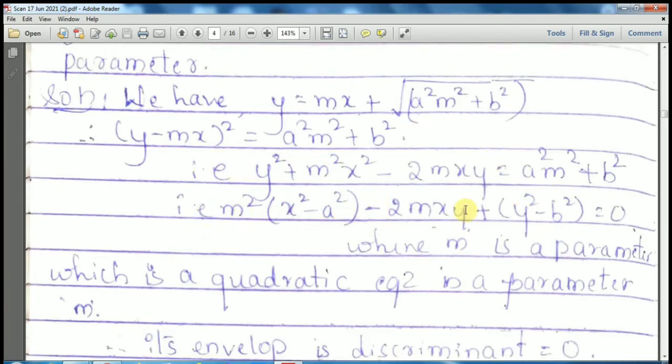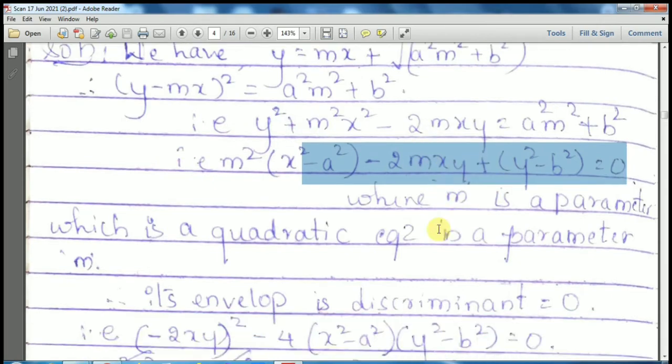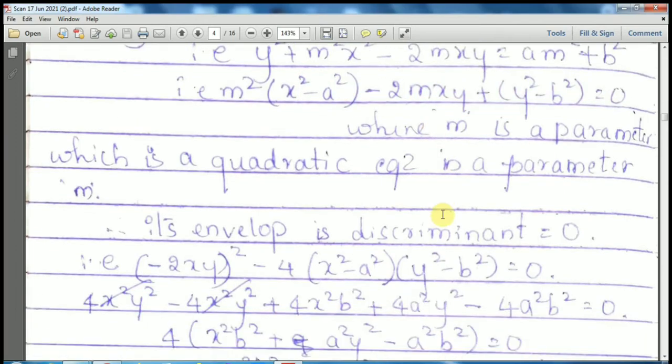Simplifying, we get the equation: m square into x square minus a square, minus 2mxy, plus y square minus b square equal to 0. By looking at this equation, you can see that this is a quadratic equation in the variable m, right? Here m is a parameter, not x or y.